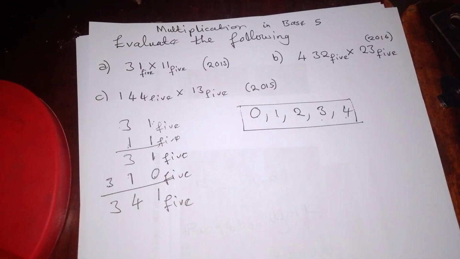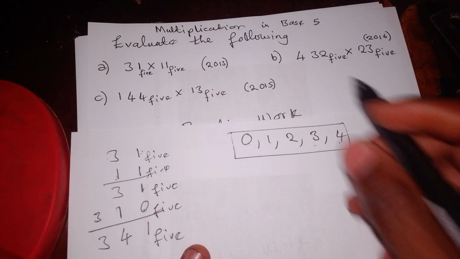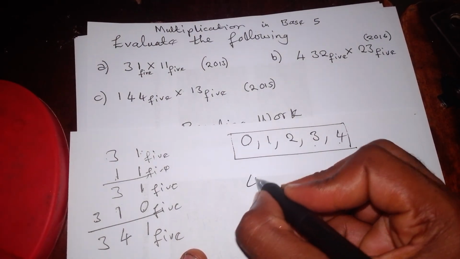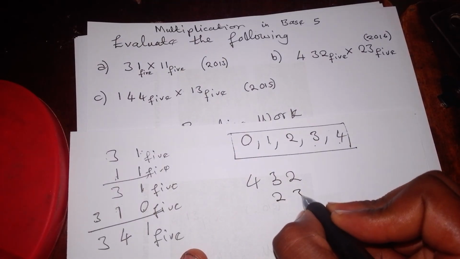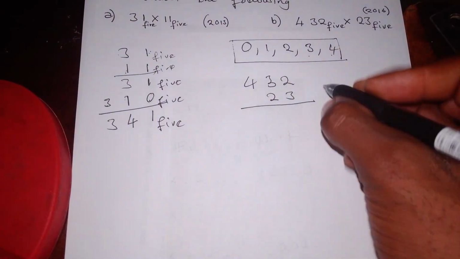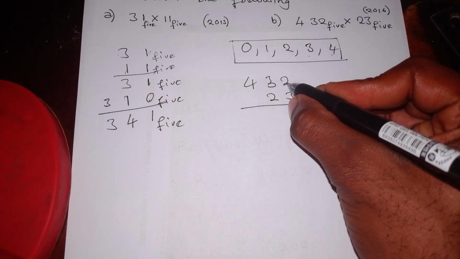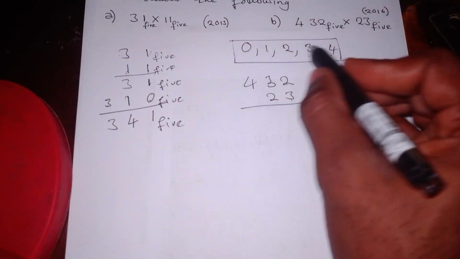Let's try the second example, which is a bit more challenging. So on the second example, we have 432 being multiplied by 23. So to multiply these two numbers, you can say this multiplied by this, you have a 6. As you can see in base 5, we don't have a 6.